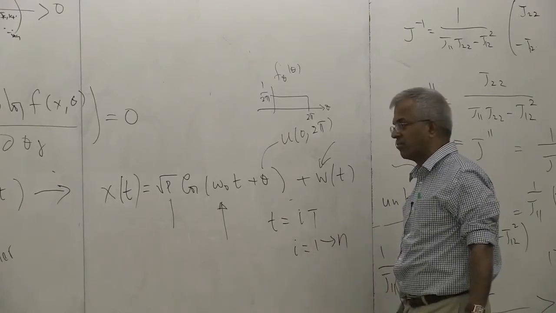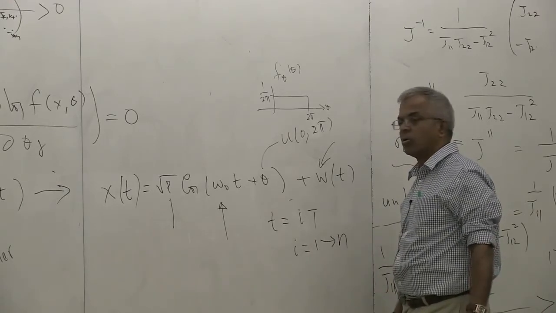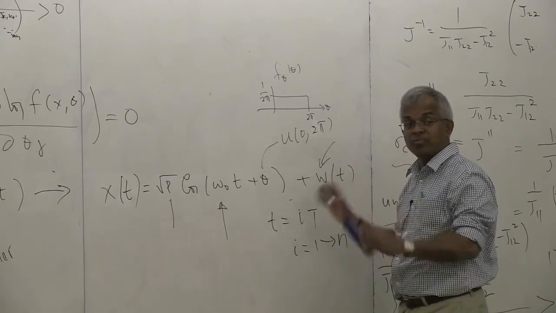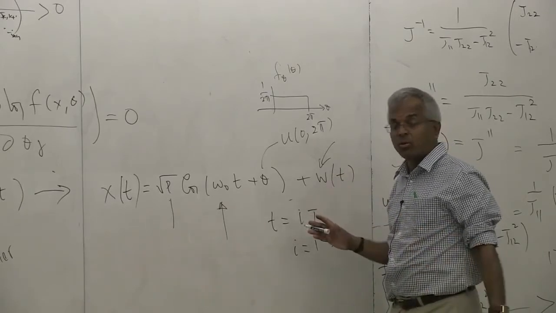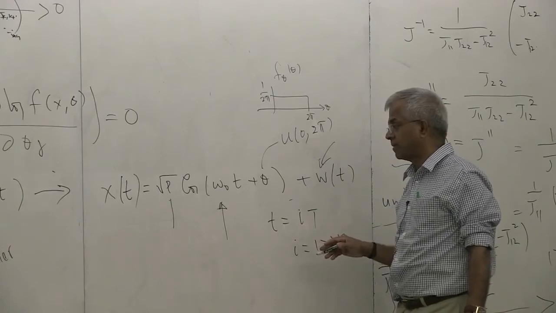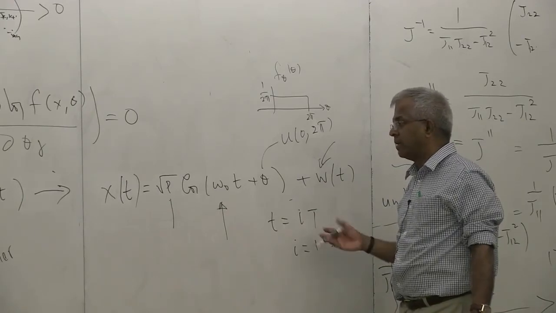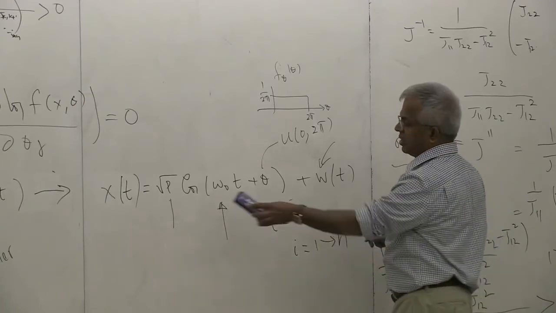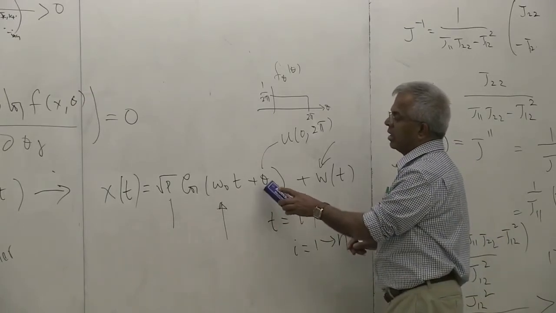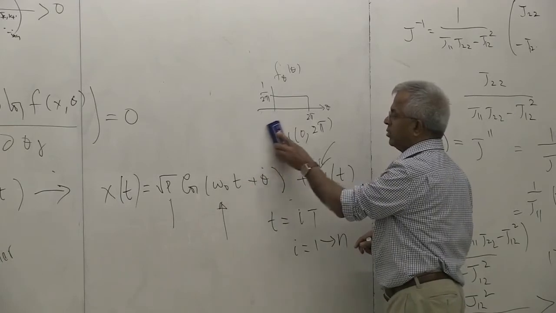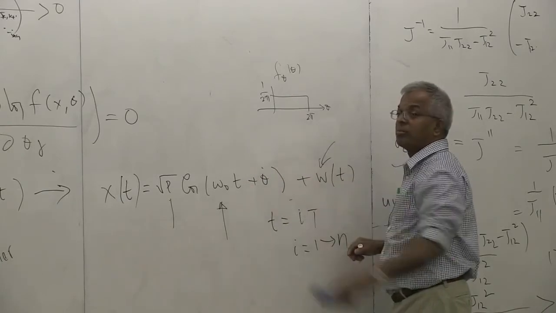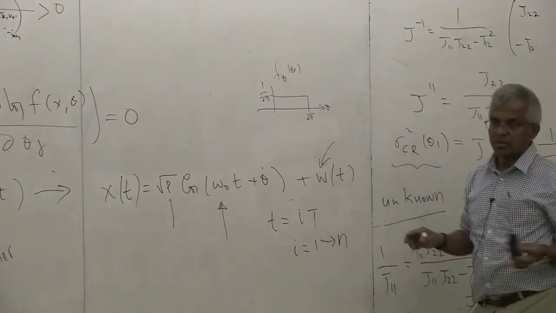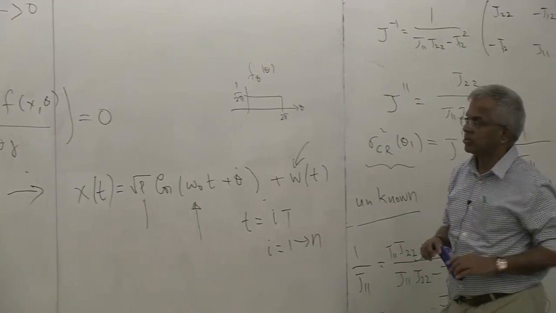This is the data that's available. You can go home and look at this. This is a classic, well-studied problem with 2 unknowns. And if you also want to estimate the phase, then you can treat it as an unknown, and it becomes a 3 unknown problem, as you said earlier, right?